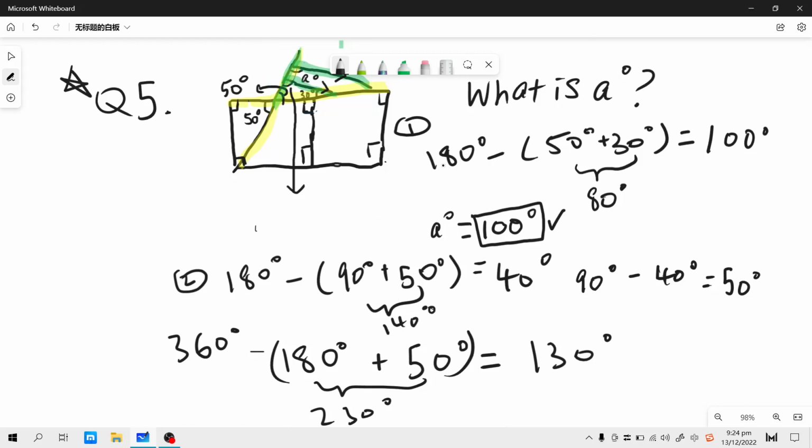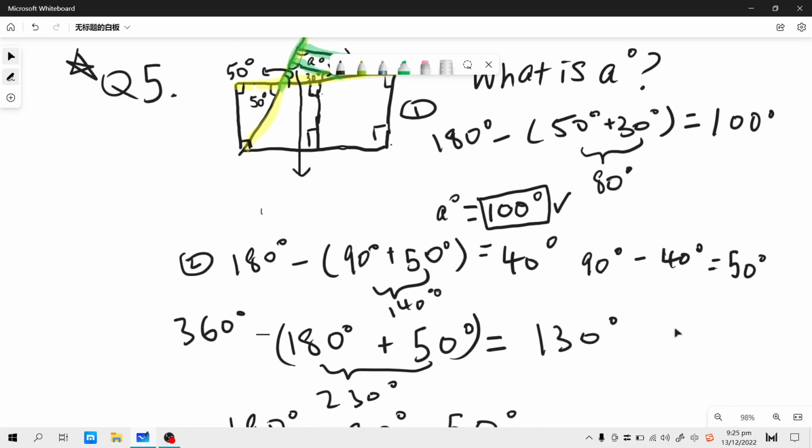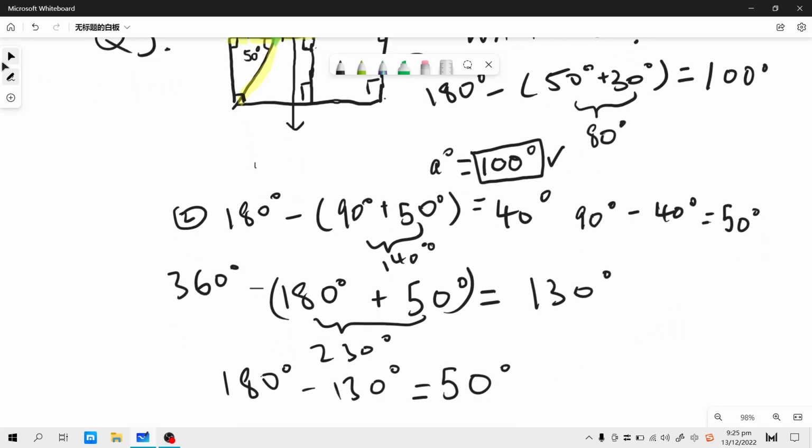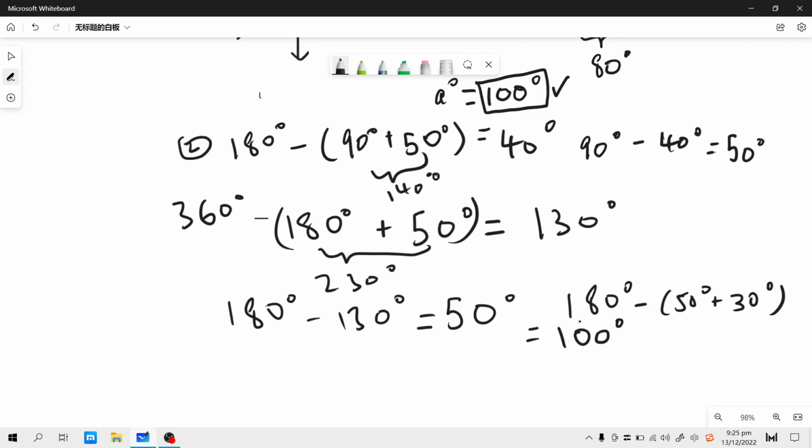Wait, I'll just write the method down. So this is 50 degrees. 180 degrees minus bracket 50 degrees plus 30 degrees equals 100 degrees. So A just literally equals 100 degrees. So that's our answer.